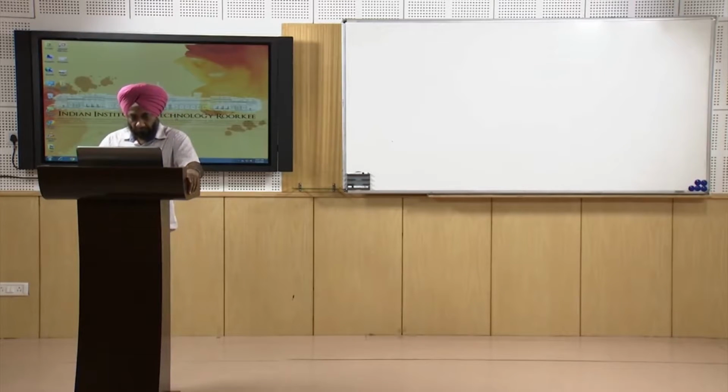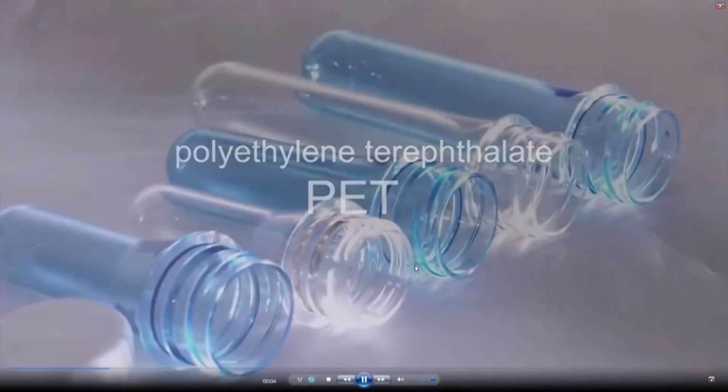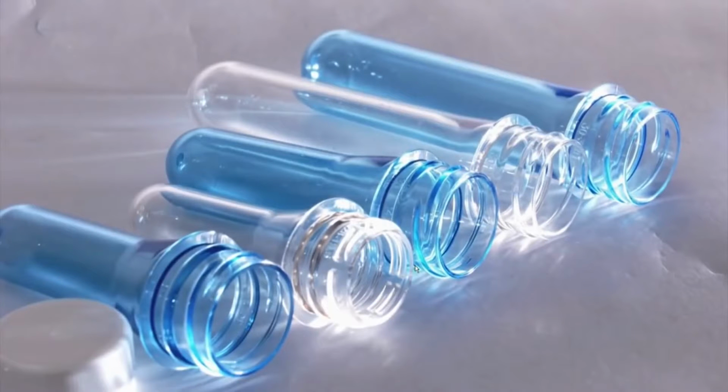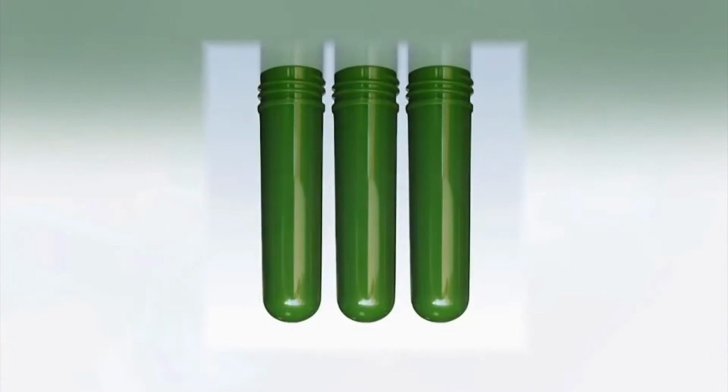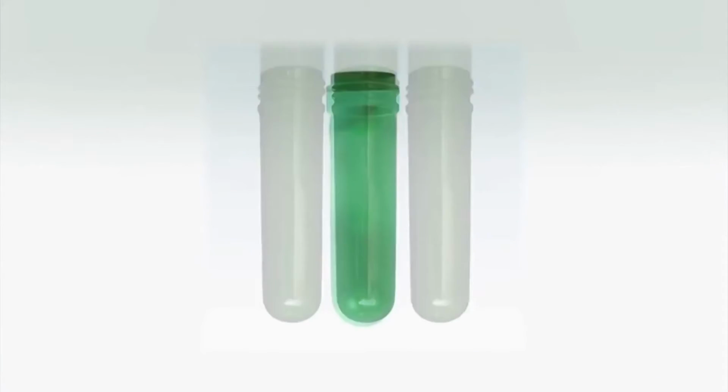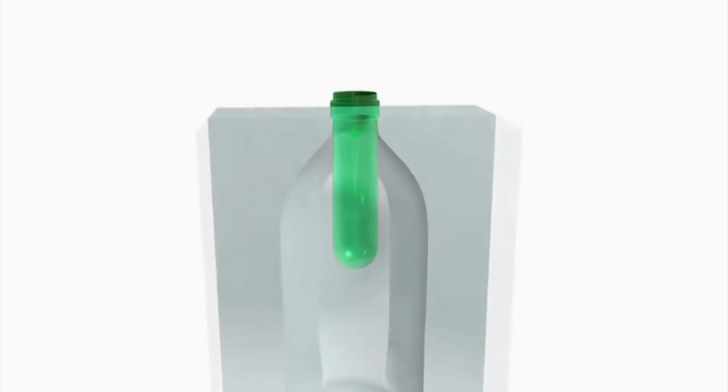Let us try to understand the whole process with the help of a simulation. The steps will remain the same, whatever we have already discussed. This is the material which is generally used, polyethylene terephthalate. These are the Parisons, the raw material that will be deformed.